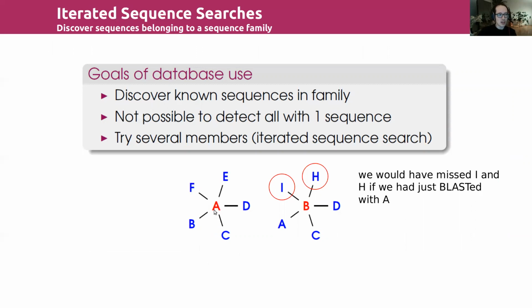So imagine A is a particular gene sequence that we're searching for, and we do a BLAST search, and we get a bunch of related homologous genes as our result. It could be that if we had just searched for A, we might miss some other members of this family which are related to B, but not related enough to A to meet the threshold.